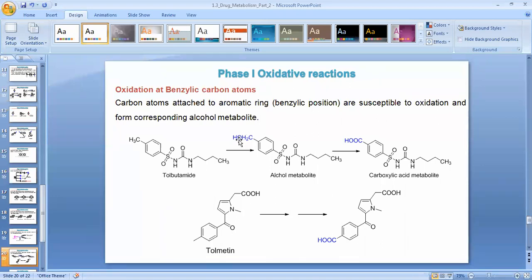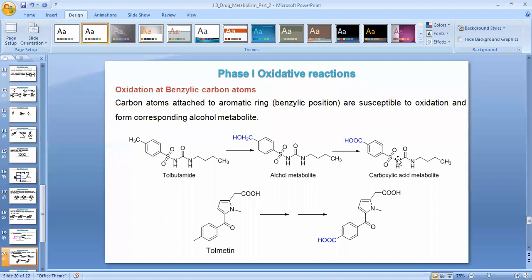This alcohol functional group, as it is a primary alcohol, forms an alcohol metabolite, and this alcohol metabolite is further oxidized into an aldehyde. The aldehyde is further oxidized into the acid, so there is formation of a carboxylic acid metabolite. This carboxylic acid metabolite will be removed from our body through excretion.